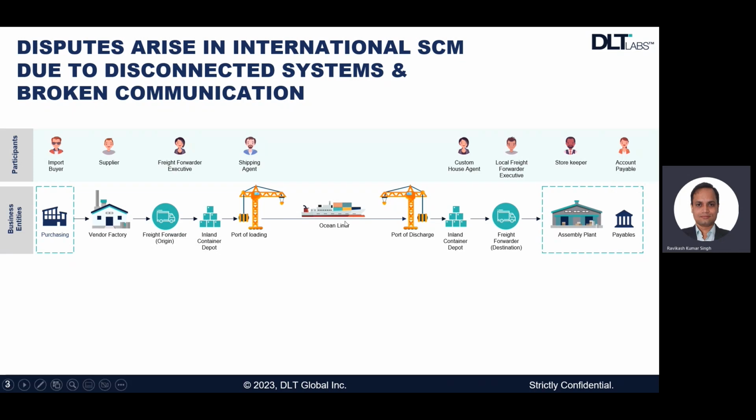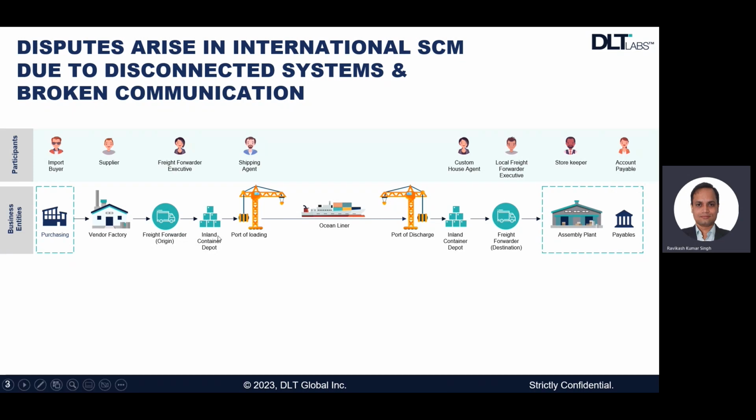In this typical case, the cross-border trade starts with an international buyer in the procurement team of importing organization issuing a purchase order to a supplier located in a different geography. Based on the order, the supplier would manufacture the goods and dispatch them to the container depot through a freight forwarder. This container depot can either be an inland one or at the port depending on the location of the supplier.